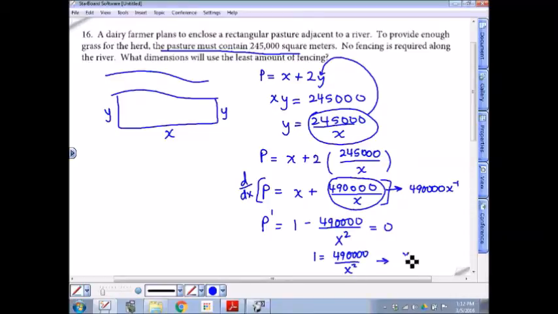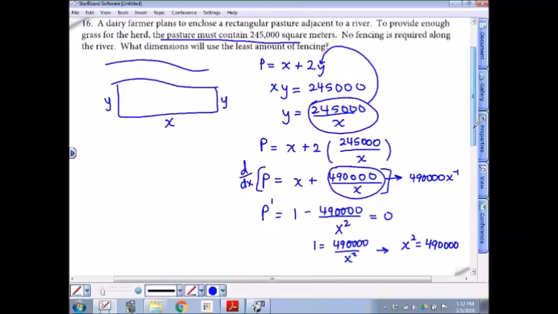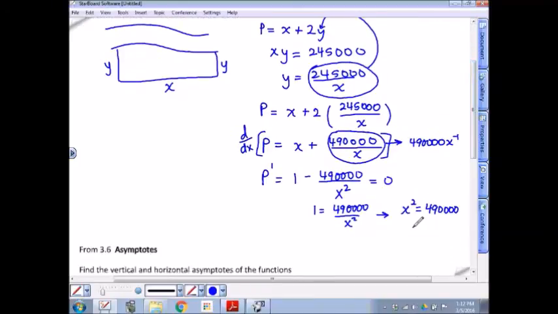Then multiply both sides by x squared to get x squared equals 490,000. Take the square root on both sides and get x equals 700. Now, technically it's plus or minus 700, but since x represents the width of this rectangle, it doesn't make sense to have negative 700, so we're just going to take positive.